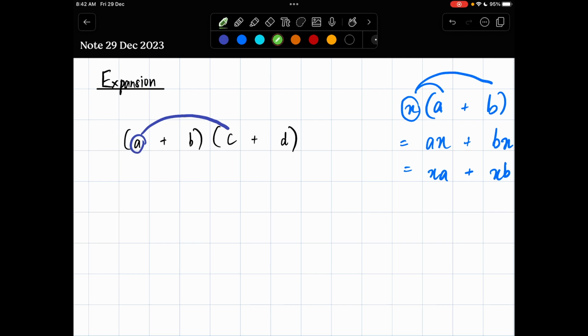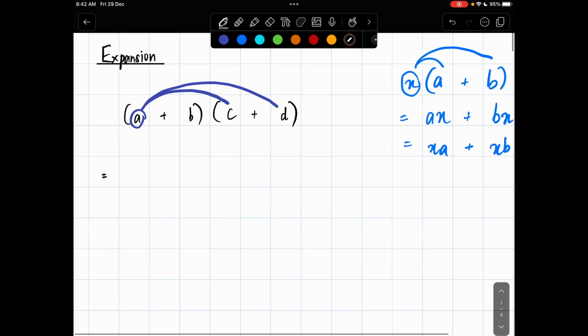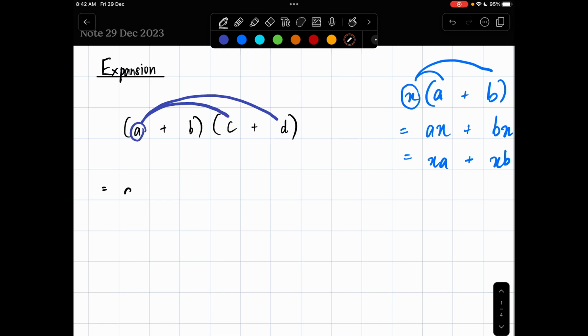Don't disturb b first. Just let it be there. So we have a times c and then a times d. So you can start writing the answer where you will get a and c. A times c is ac, then plus a times positive d. Make sure you take the positive together. A times d is plus ad.